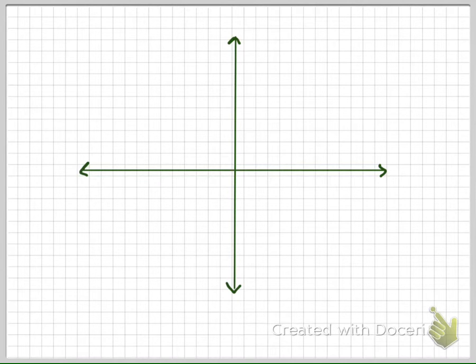What is that thing right there called? Raise your hand. What's that called there, Jonathan? That's the y-axis. Absolutely. What is this guy here called there, Dizzy? That's the x-axis.